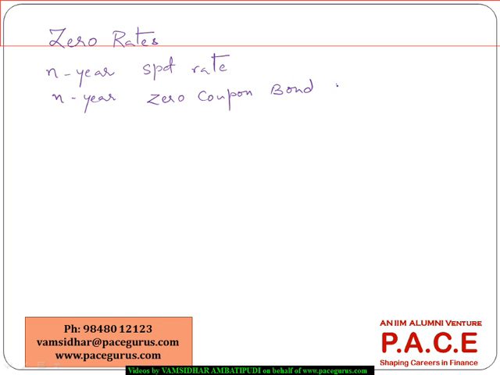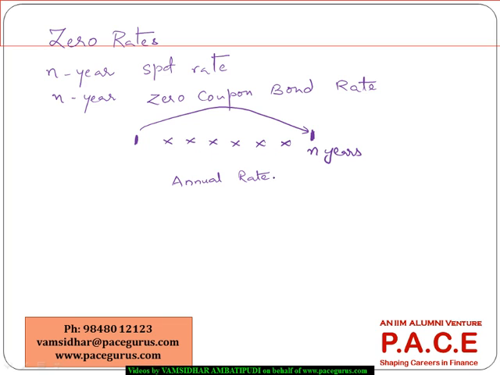It is nothing but this: if I have deposited something today, and I am getting some amount at the end of n years and no payment coming in between, whatever annual interest rate is applicable in this process is what we call the n-year zero coupon bond rate.